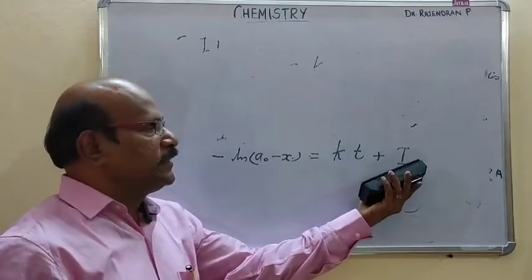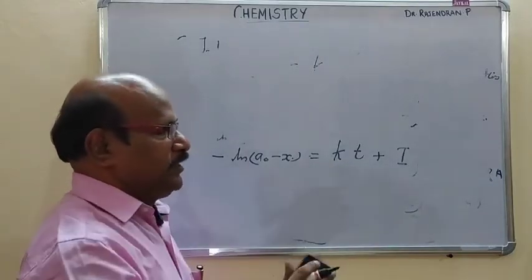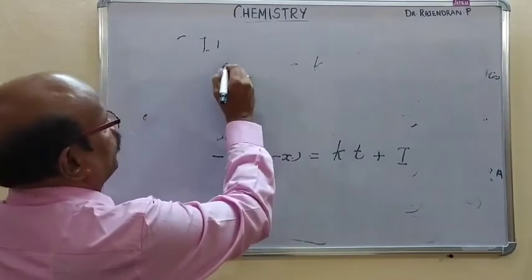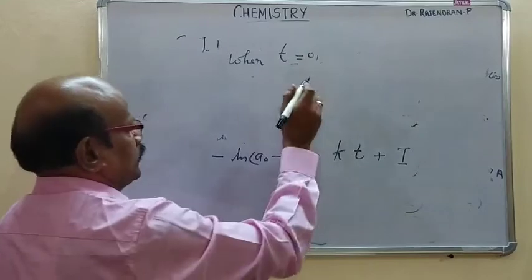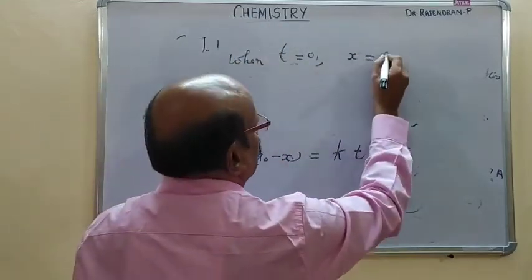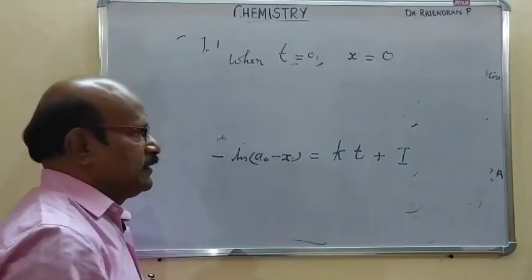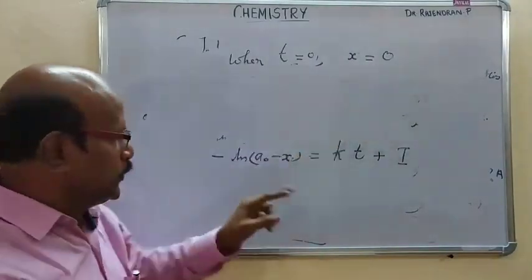Now we have to find the value of I. Apply the boundary condition: when t is equal to 0, x is equal to 0.